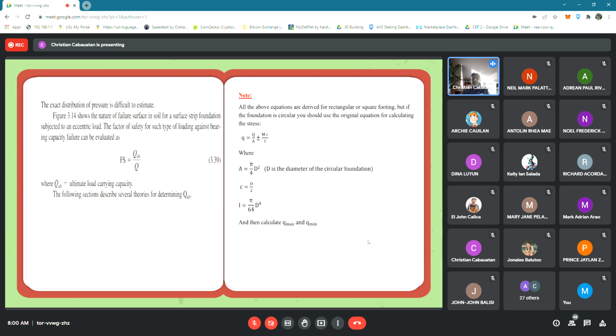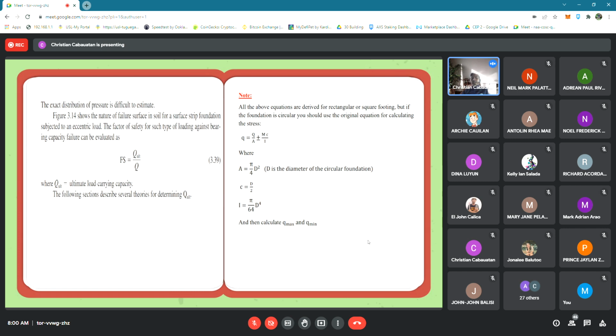Okay. Before I forget, please take note of the inertias with respect to the triangle, rectangle, semicircle, circle, quarter circle, and so on.